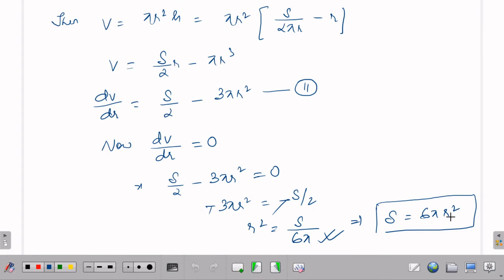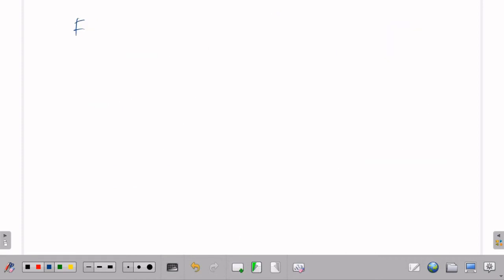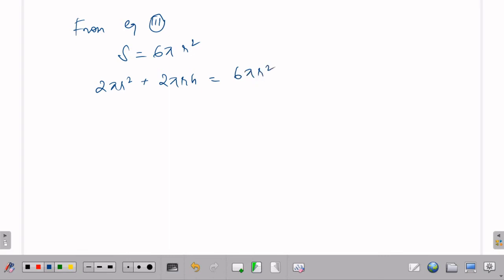So as I said, be over here. So let me give this one to be your equation number 3. Okay, so let me begin. So what can I do? The next one is that from equation 3, I got S is equal to 6 pi r square. Okay, but your S was nothing more than your 2 pi r square plus 2 pi rh, which is equal to 6 pi r square.